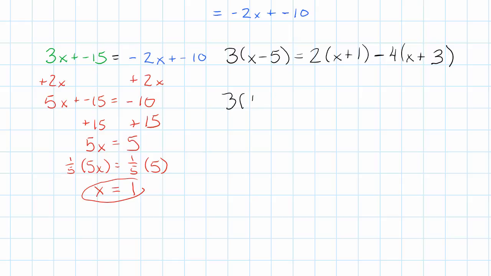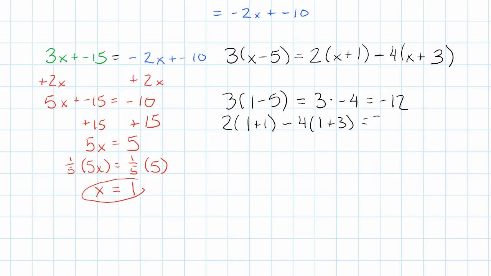3 times 1 minus 5. That's going to be 3 times 1 minus 5 is negative 4, that's negative 12. 2 times 1 plus 1 minus 4 times 1 plus 3.